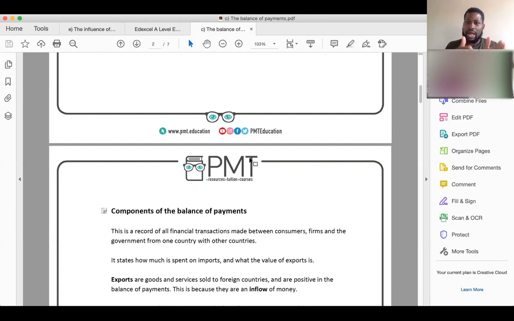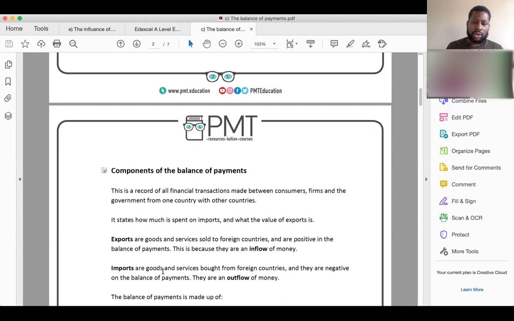So we want to look at how much we're spending on imports and how much we're making on exports. When we sell to foreign countries, that generates a positive balance on our statement because it's recognizing money coming in.